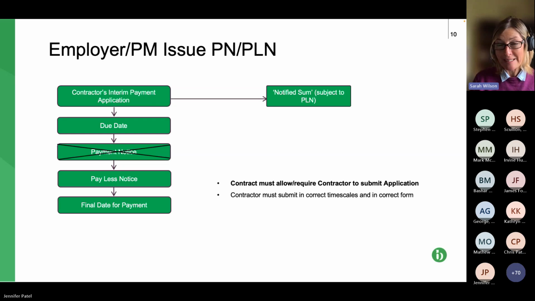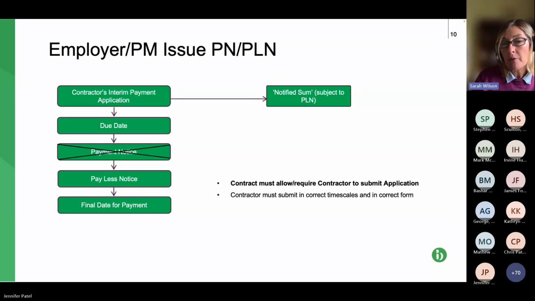If no pay less notice is issued, so double error on the paying party's side, then the contractor's interim payment application prevails as the notified sum, providing, see the bullet points, that the contractor submitted in the correct timescales, check, and in the correct form, which is, we know, stating the basis of calculation and the sum due.